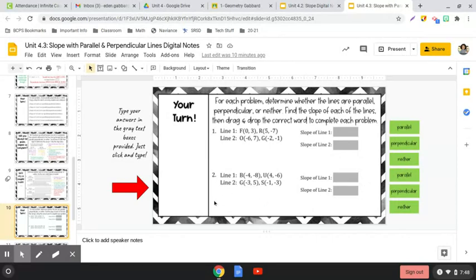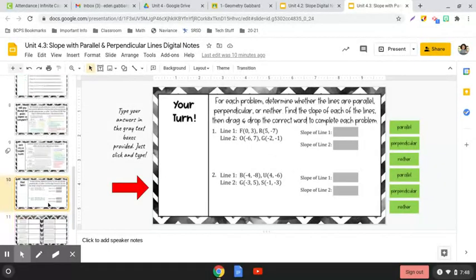Remember, your first step is to find your slope for line 1, then find your slope for line 2. Then you're going to see if those are the same slope, opposite reciprocal slopes, or neither. If they have the same slope, they're going to be parallel. If they have opposite reciprocal slopes, they're going to be perpendicular. And if they are neither, then they're neither.